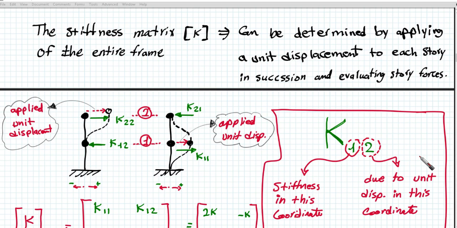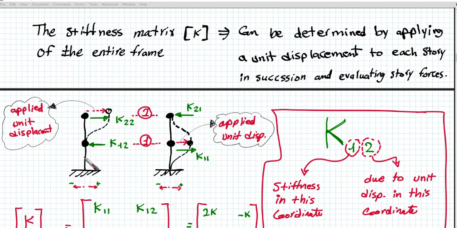Now, if we have 3 or 4 coordinates, this means we start by putting the unit displacement here and see what forces are developed in the other degrees of freedom. Then we make a unit displacement in the second coordinate and see what forces are developed in the other degrees of freedom, and so on and so forth for all of them. Okay.